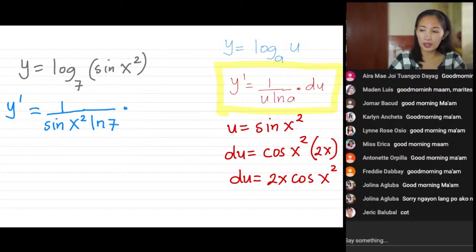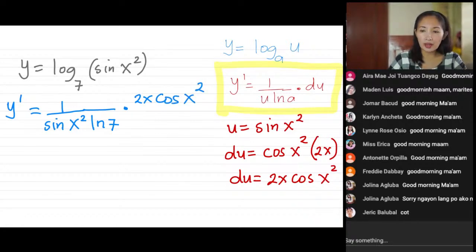So we're done with this portion, 1 over u ln of a, times du, which is 2x cosine x squared. So times 2x cosine of x squared.